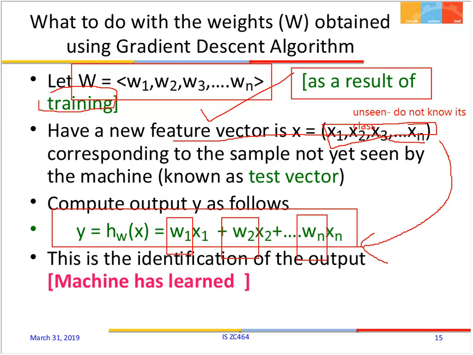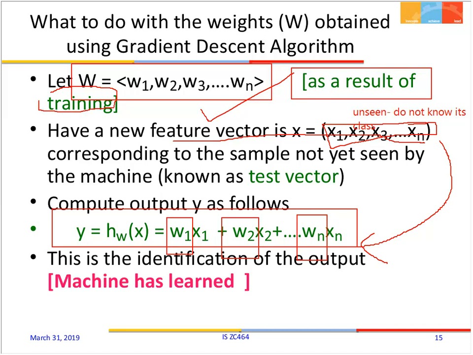Training data anyhow we use for the computation of weights. Now this unseen data which is appearing for its classification, we want to find out its y. So x1, x2, etc. are used for the test data, and W1, W2, Wn are the learned weights.